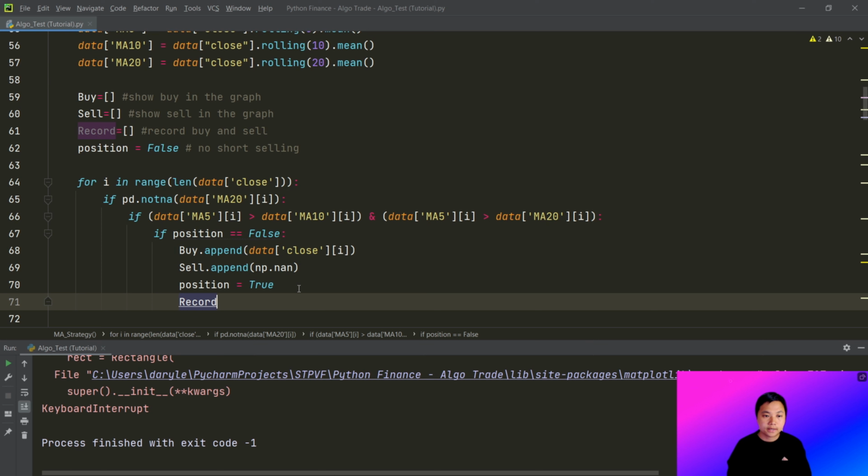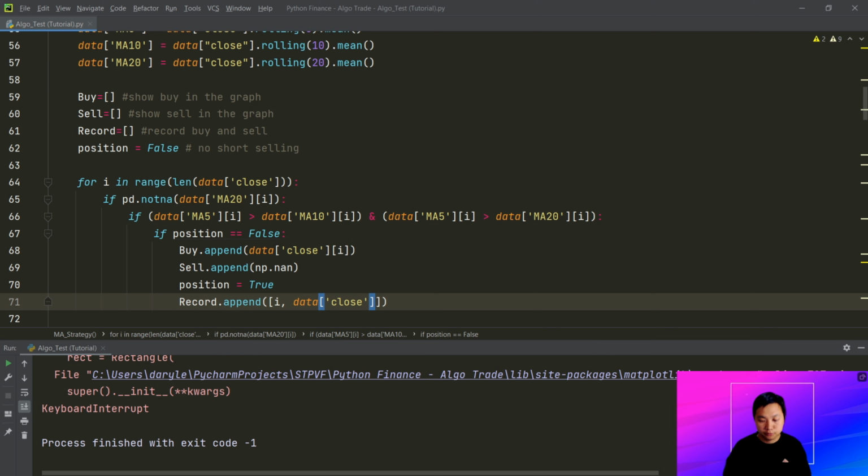And for the record, I would like to append three things. The first is the number of candles that trigger this buying signal, or you can later on change it to the times as well.